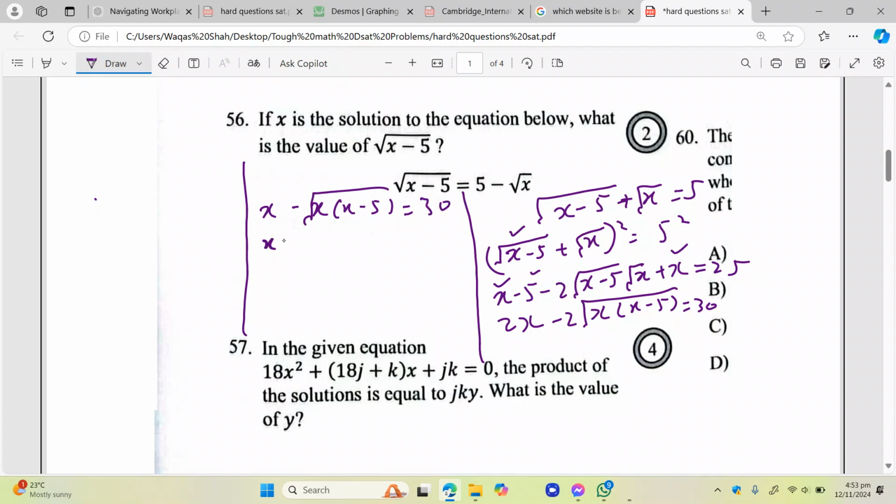Now bring 30 here, sorry, it will be 15 here. Now shift 15 here, so it will be minus 15, and x times x minus 5 here.